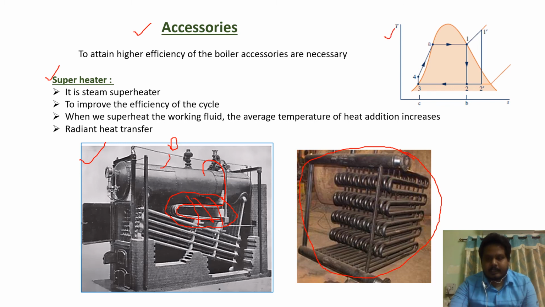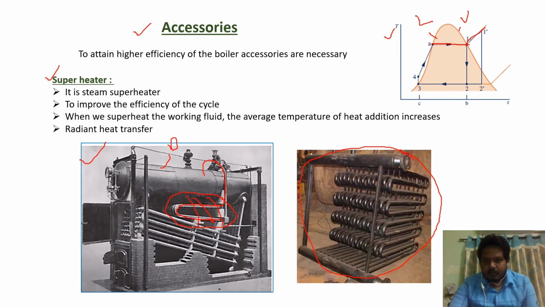Here we can see in the TS diagram, which we already discussed. Generally, from A to 1, the water will be converted into steam, because this line is the saturated liquid line and this line is the saturated vapor line. So the water will be converted into steam at point 1, but in the case of superheated steam, point 1 will be shifted to 1 dash.